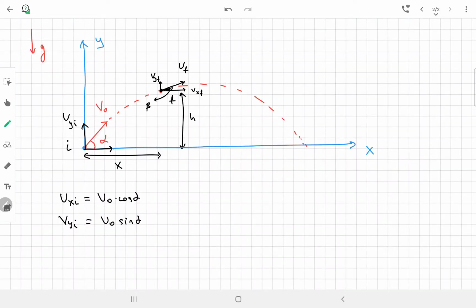Now, we know that we have gravity only in the vertical direction, downward. It means this gravity will affect the velocity in the vertical direction. Gravity will change the velocity in the vertical direction. There is no acceleration, no force in the horizontal direction.